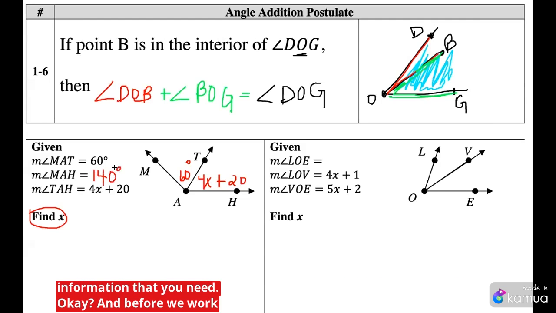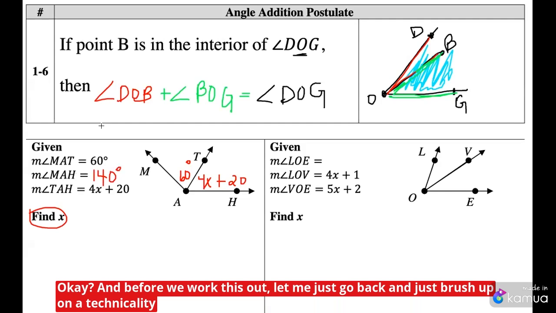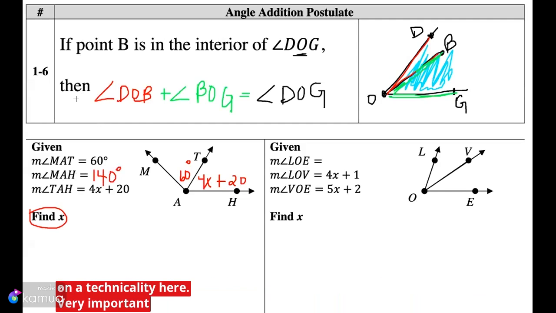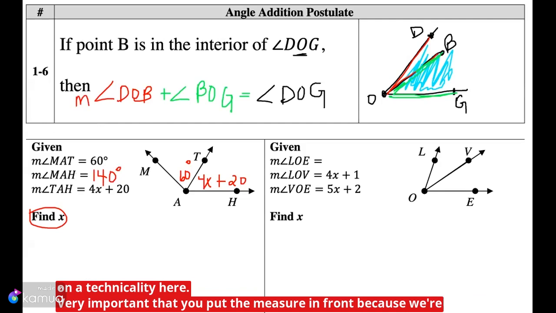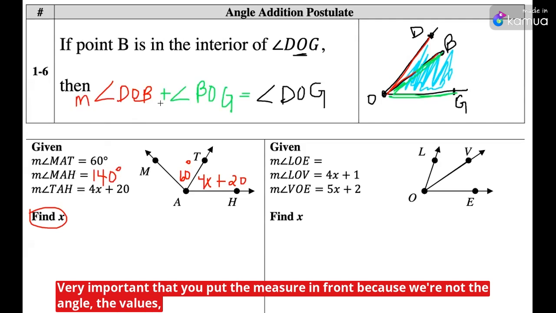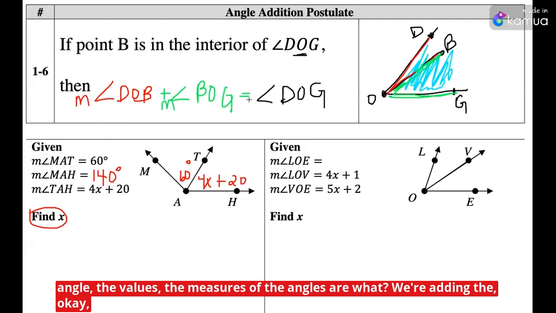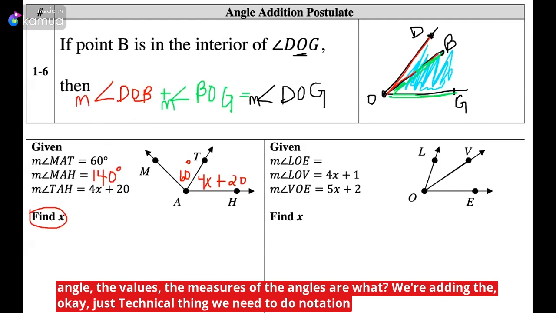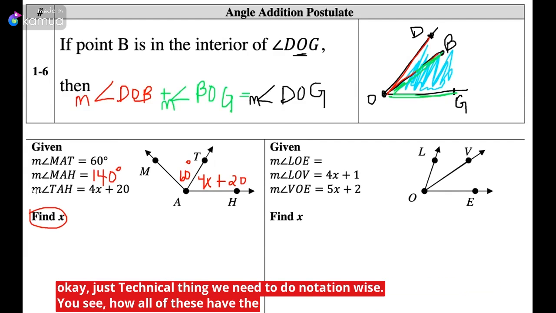Before we work this out, let me go back and brush up on a technicality here. Very important that you put the measure in front, because the measures of the angles are what we're adding. So just a little technical thing we need to do notation-wise. You see how all of these have the measure of.